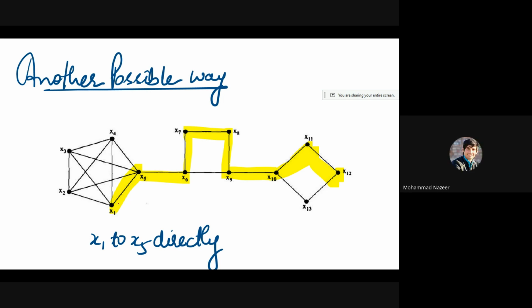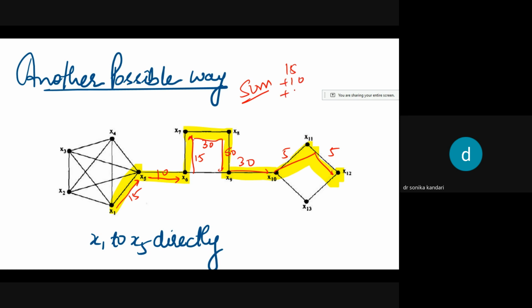Or you can follow this path. And what will be the total distance? Sum of the weights associated with the edges. Like 15 plus 10 plus 15 plus 30 plus 50 plus 30 plus 5 plus 5.